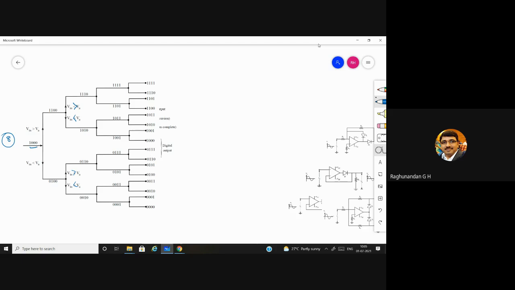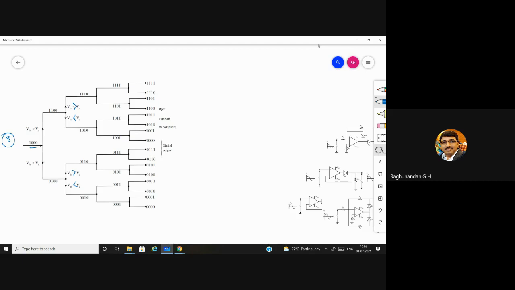Now, if the present value is lesser than the input value, then the present higher MSB value will be retained as it is, and the next bit will be made high. If this is greater compared to the input, then the present MSB value, which is high, will be made 0, and the next bit will be made high.